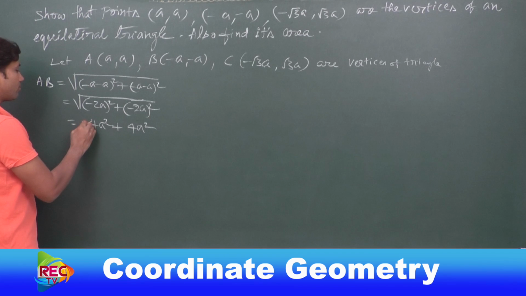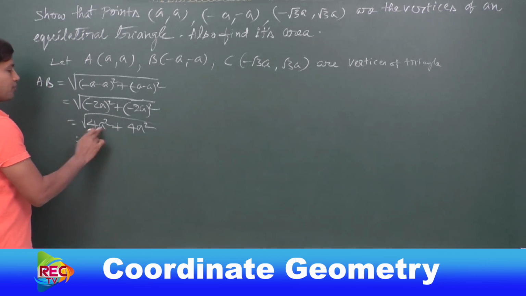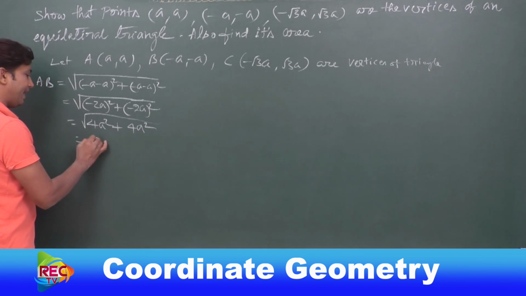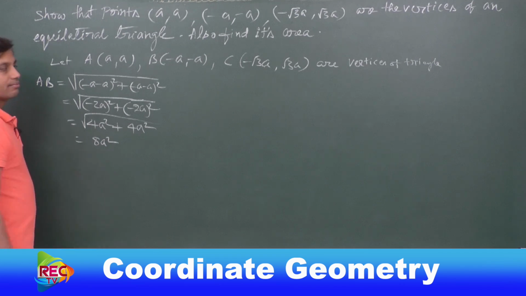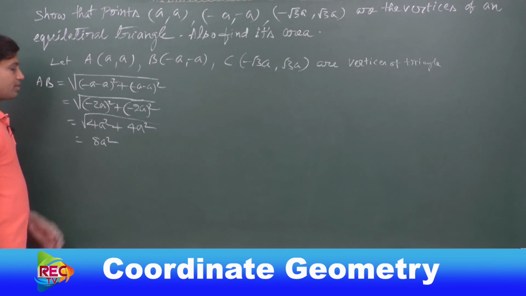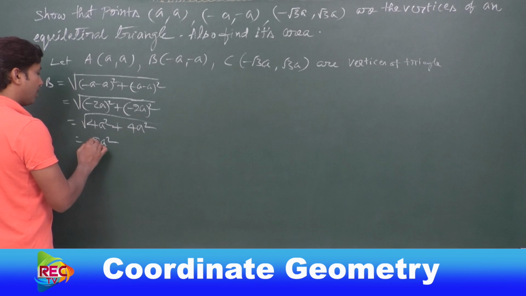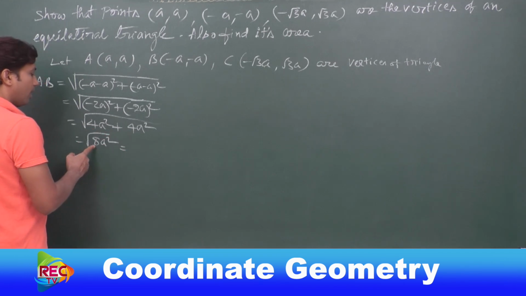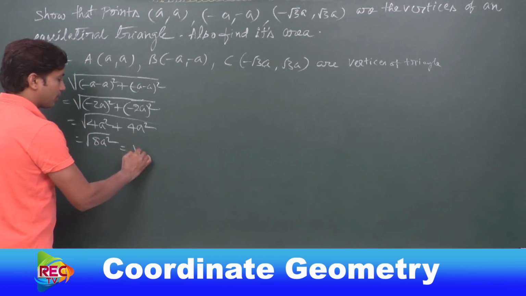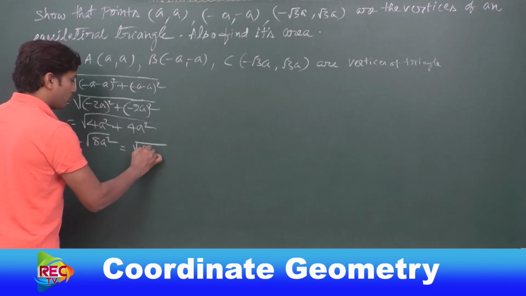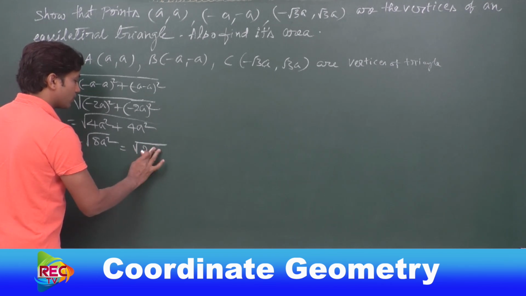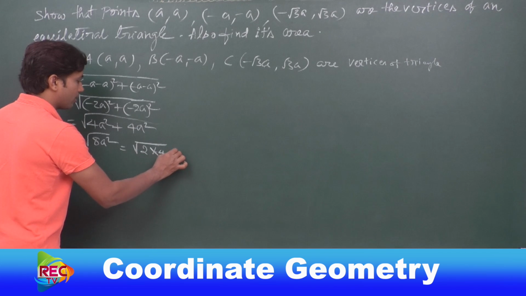Okay, now what is 4a square plus 4a square? That is 8a square, under square root. Now this 8 can be split into 2 into 4, so 8a square is 2 into 4a square, or not?